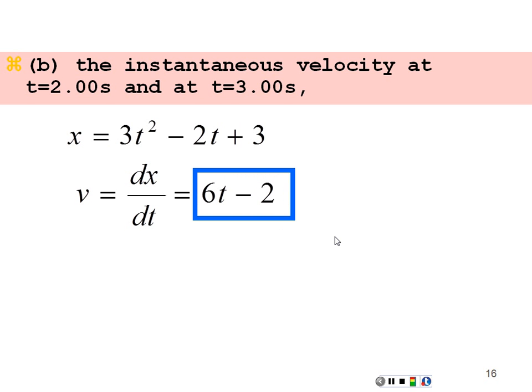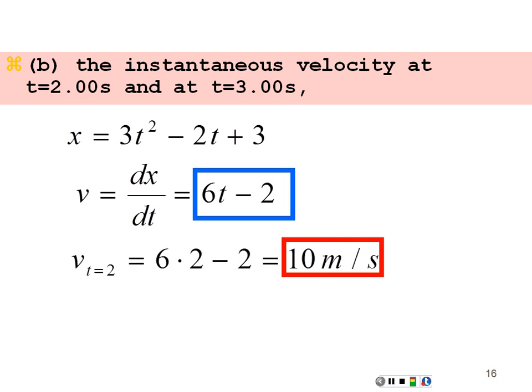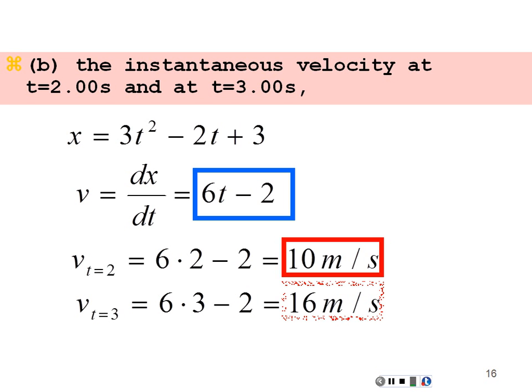At the particular time of 2 seconds, that velocity would be 6 times 2 minus 2, 12 minus 2, or 10. And at the particular time of 3 seconds, our velocity would be 6 times 3 minus 2, 18 minus 2, or 16. Those will be our instantaneous velocities at those respective times.